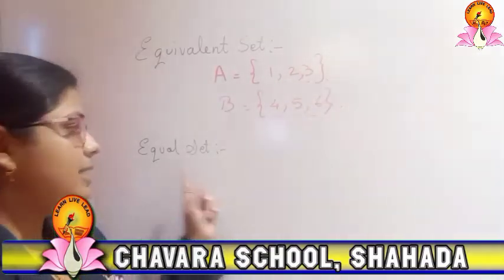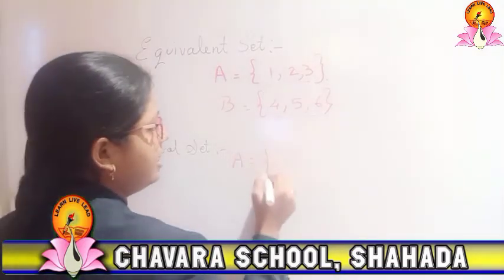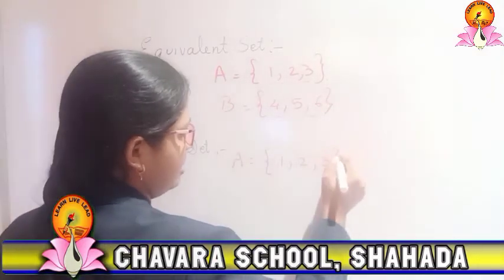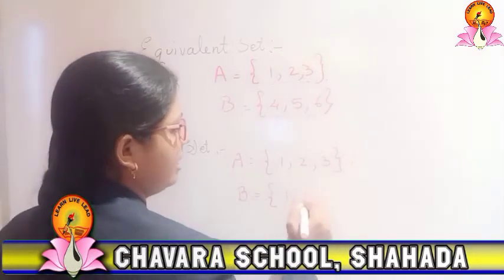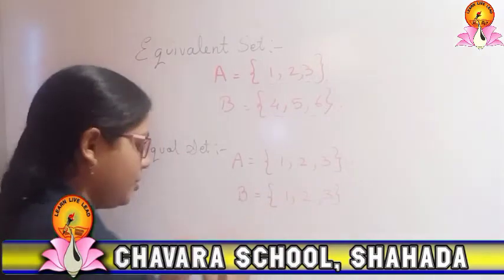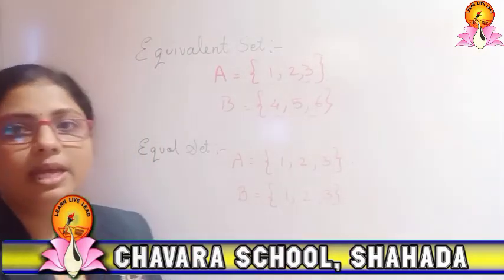Then equal set. Equal set is nothing but if A is the set having the elements 1, 2, 3 and B is the set which has the elements 1, 2, 3, you can observe both the sets have the same elements.